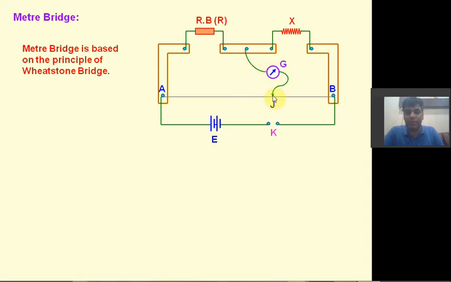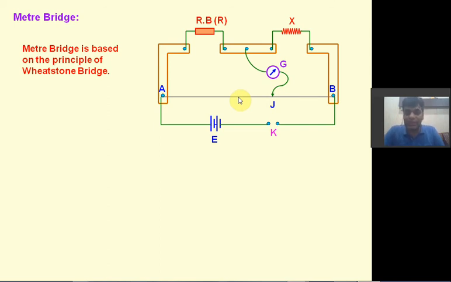Now we can move this jockey from point A to point B anywhere, and we set this galvanometer at that point when there is no deflection. When there is no deflection, we can say the current across this galvanometer is 0, or Ig is equal to 0, and we can say the bridge is balanced.